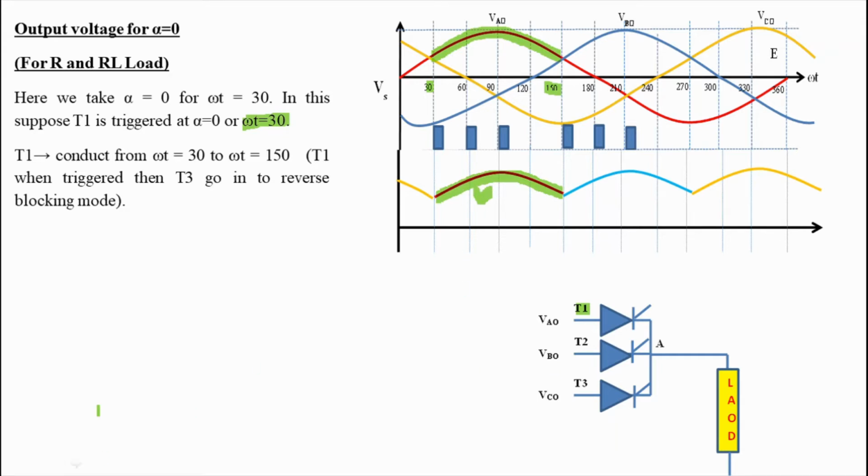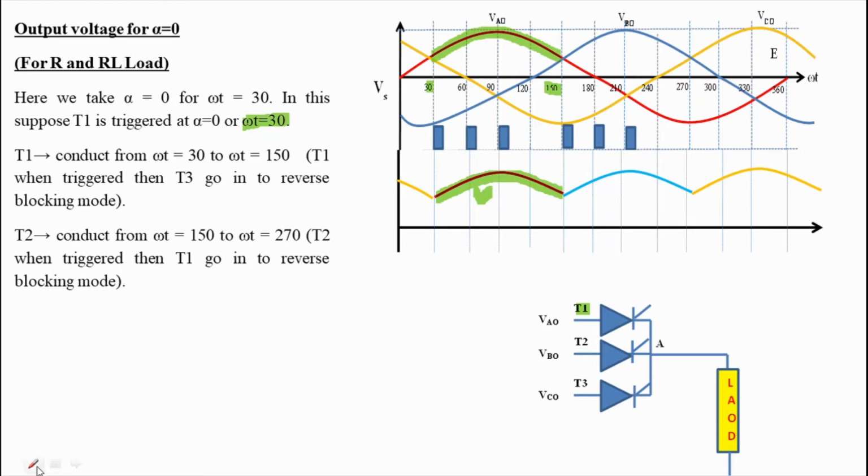Similarly, suppose thyristor T2 is fired at omega t equals 150 degree. Then it will start conducting from 150 and conduct up to 270 degree, and this total time period is 120 degree.